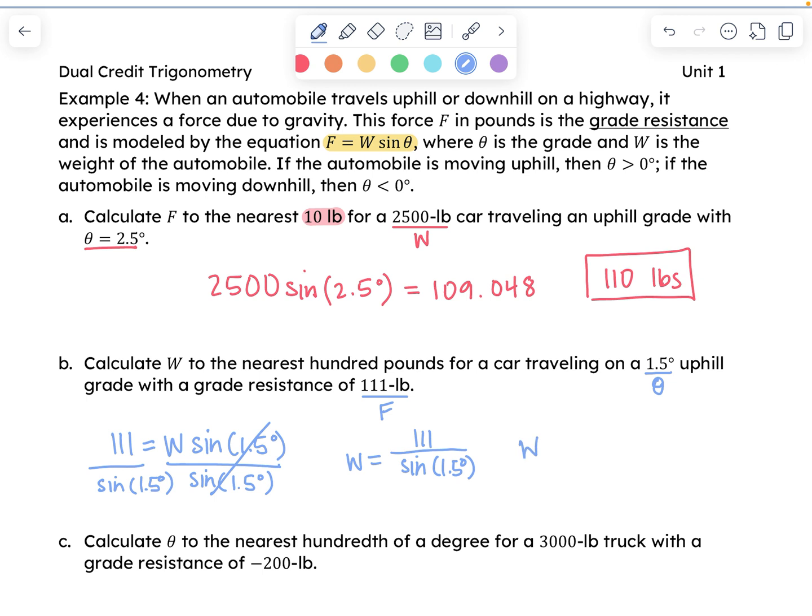When I plug that into my calculator, my calculator spits out 4,240.372052. This time it tells me to round to the nearest 100 pounds. So 4,240 is going to round down to 4,200 pounds.